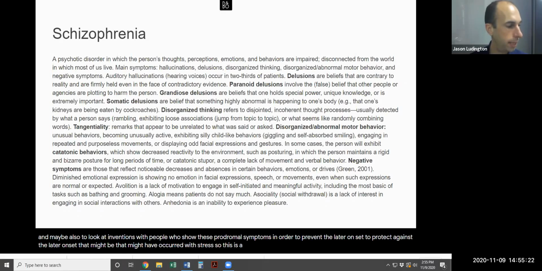So this is a promising and interesting future, a new approach to research in schizophrenia, using schizophrenia-like symptoms without the full-blown disorder.